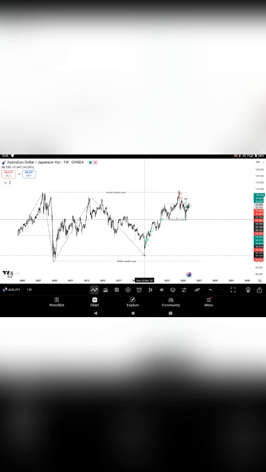So now see what price did. Price came back to this point and created this low. Now this low that was created here didn't take out this last low. What it means is that price is going to take out the high that created this last low. I will repeat that again.